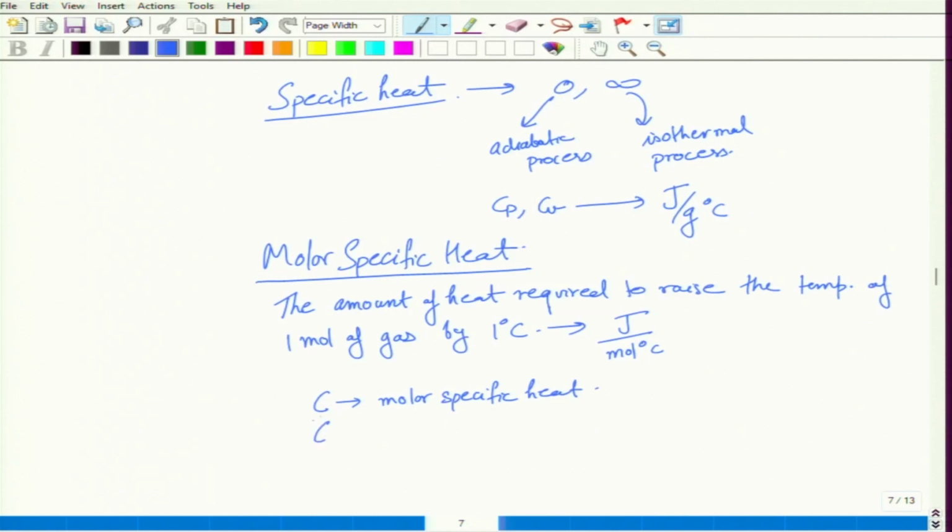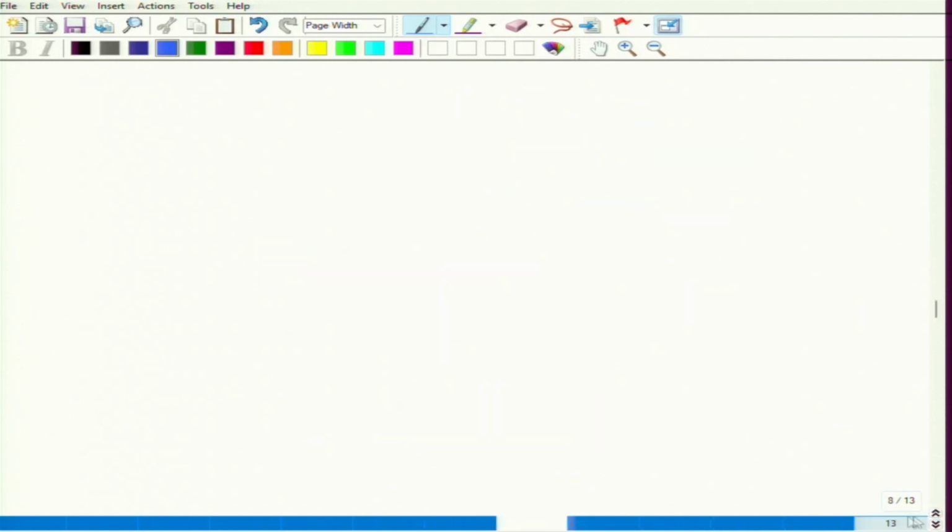Cp and Cv are the molar specific heats at constant pressure and at constant volume. So how can we relate the specific heat and the molar specific heat? Before that, I am giving you one question.